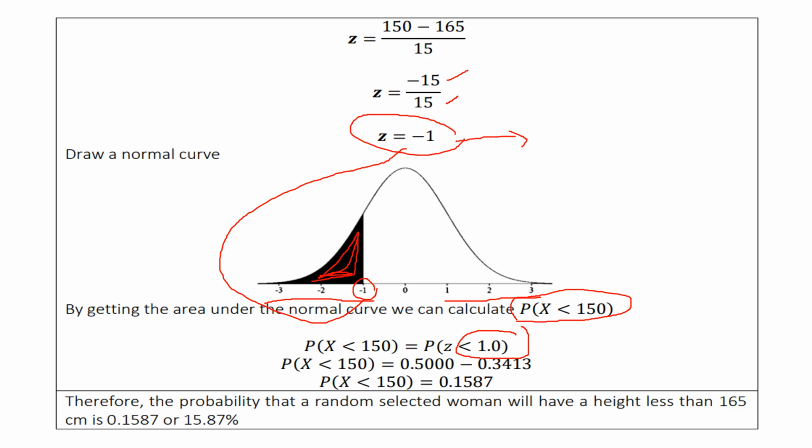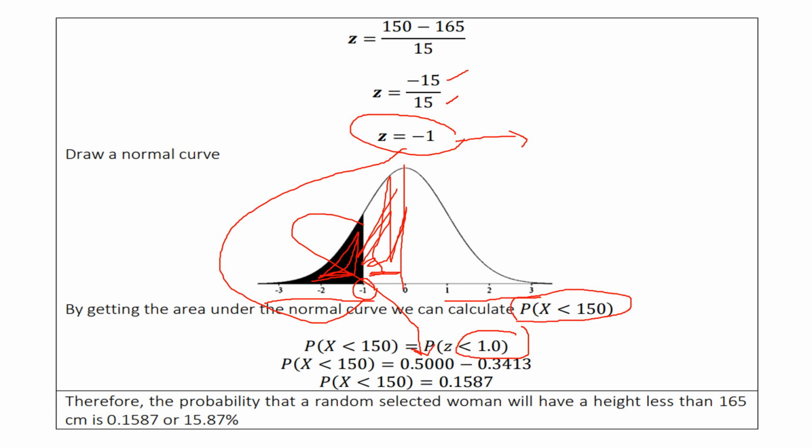Now applying, so that will be 0.5. If we get the half of the area of the normal curve, that will be equal to 0.5. And the area from 0 to negative 1 or 0 to 1 is 0.3413.